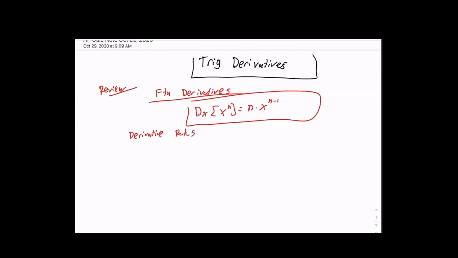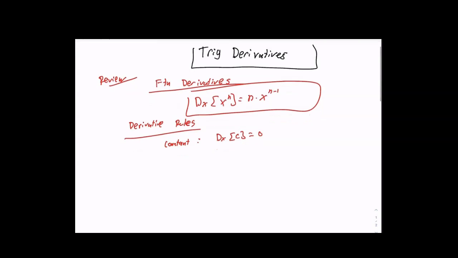For our derivative rules, we had the constant rule, which is that the derivative of a constant is equal to 0. We have the linear rule, and these are both subsets of the power function: the derivative of mx is equal to m.